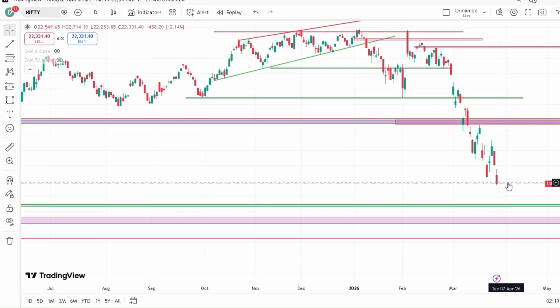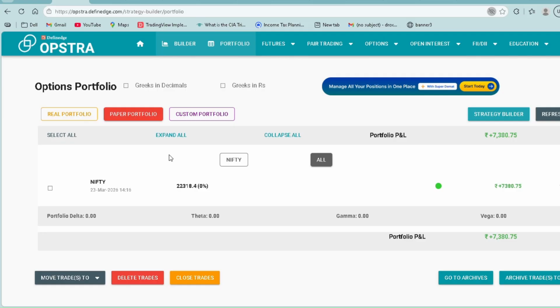I'm going to show you how much I made, which strike I chose, and how I did this strategy. I'm going to show you in my strategy builder in Opstra. This is my option portfolio in Opstra.